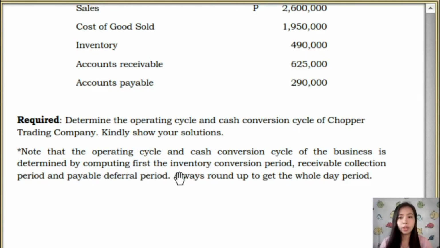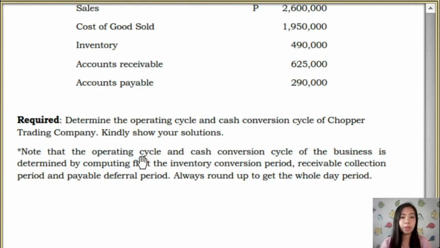So, ang una nyong gagawin, number 1, hahanapin nyo si inventory conversion period. Number 2, receivable collection period. Number 3, si payable deferral period. And then number 4, tsaka nyo palang kukuhanin si operating cycle. And number 5, si cash conversion cycle.